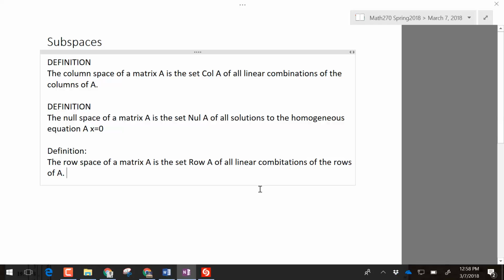And so the ideal thing to do is to take a matrix and plop it down and study its row space, column space, and null space. And then maybe we'll find some information about them. Maybe we'll find relationships between the different aspects of the particular matrix.